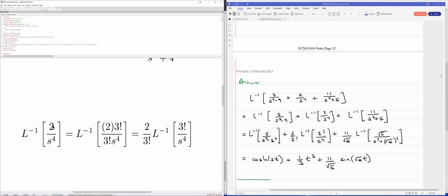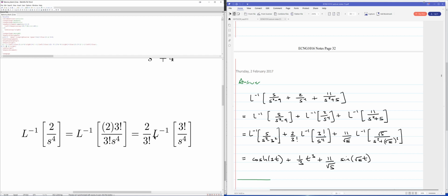How do I deal with that? Well, I want a 3 factorial, so you put a 3 factorial on the top and a 3 factorial on the bottom. Notice you didn't change anything, because 3 factorial on 3 factorial is just 1. Now I can pull this 2 and the 3 factorial outside, and what I'm left with is the Laplace inverse of 3 factorial on s to the fourth.